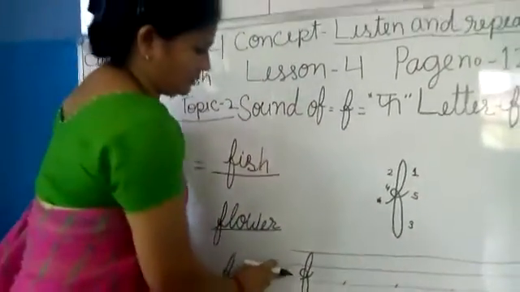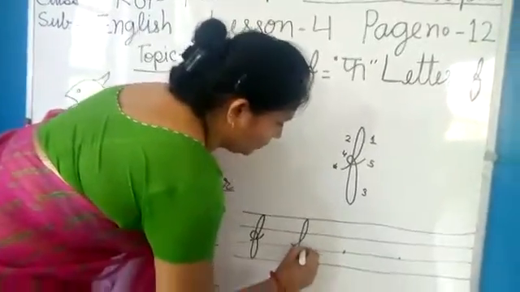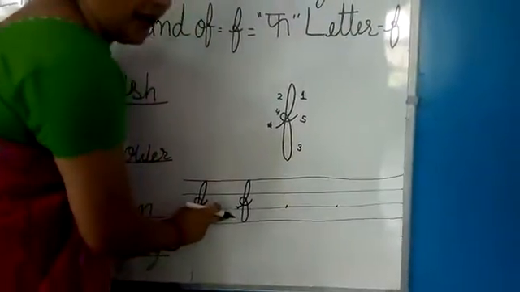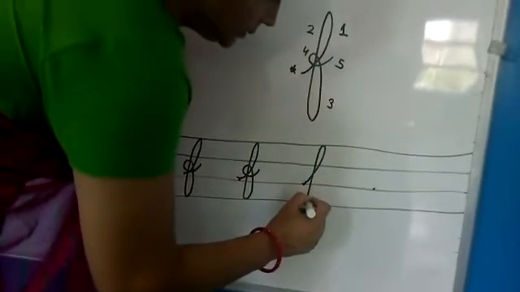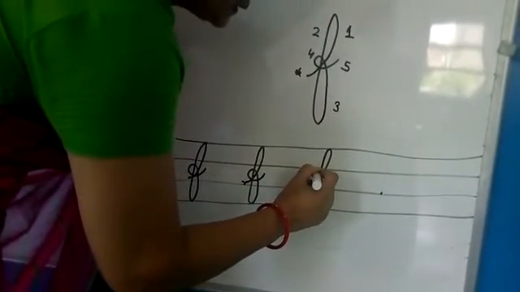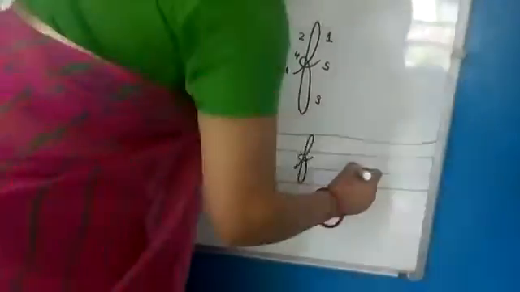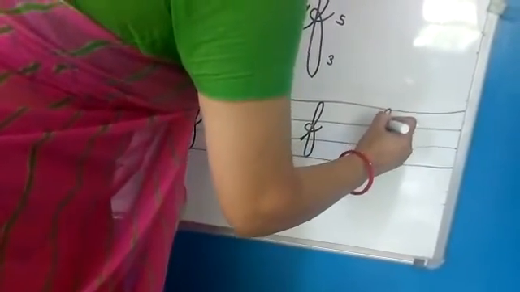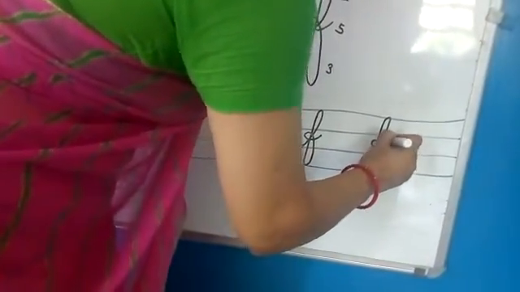This letter is F. Now repeat. Go up and down and up and circle and up.